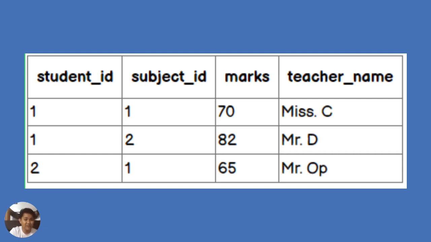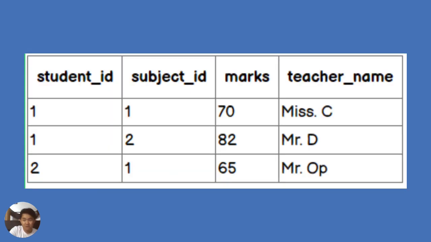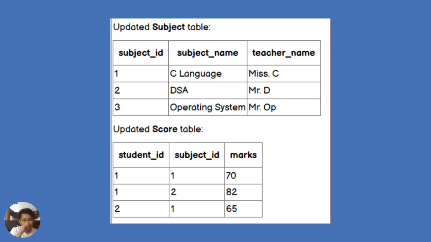to teacher name. So what you could do instead is separate it into another table. For example, in this one, we now have two tables. We have the subject ID and the score table.